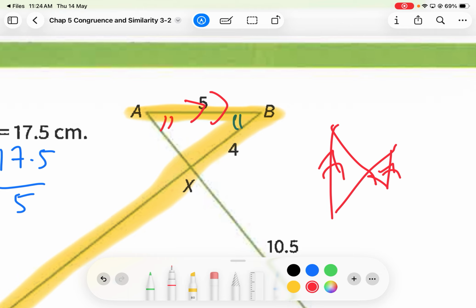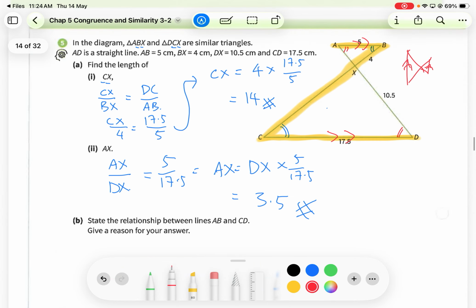Because the angle in between is the same, opposite angle, and this angle always the same, alternate angle, this angle and this angle always the same. So when you see parallel lines, they draw two triangles like that, it also means these two always will be similar. Okay? That is the reverse of this question.